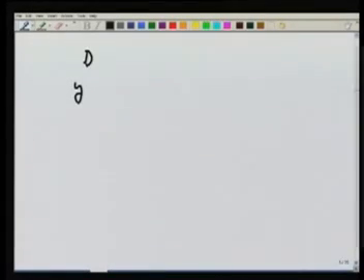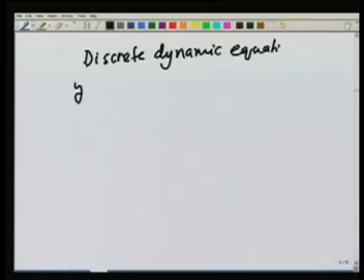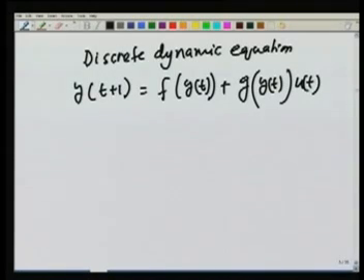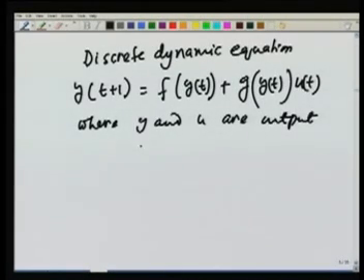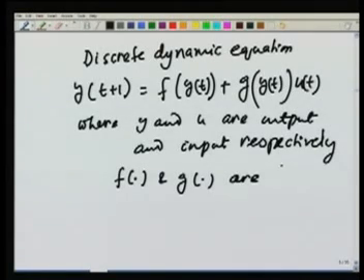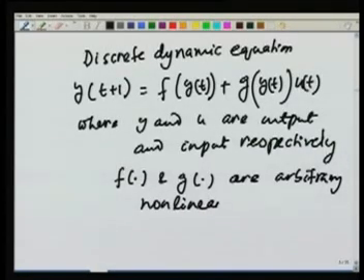Let us take a discrete dynamic equation, which is y(t+1) is f of y(t) plus g of y(t) into u(t), where y and u are output and input respectively, and f and g are arbitrary nonlinear functions.